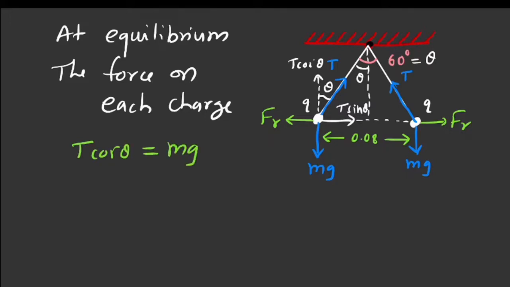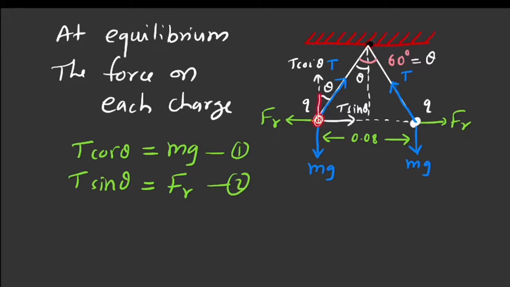T cos theta, the upward force, must be the same as the downward force, and also this repulsive force must be equal to this force, isn't it? So at equilibrium, T cos theta equals mg. Call this equation 1, and also at equilibrium, T sin theta is equal to the repulsive force. Call this equation 2.